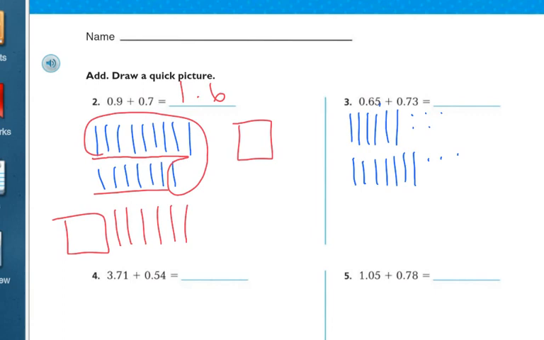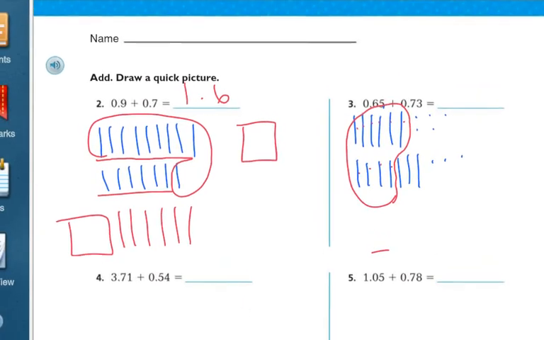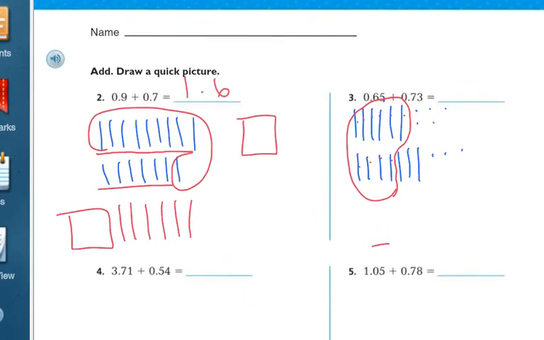I have 10 tenths, so I can trade these 10 in for a flat, or one whole. And then I'm left with 3 tenths. Oh wait, let's see if we can regroup these first.